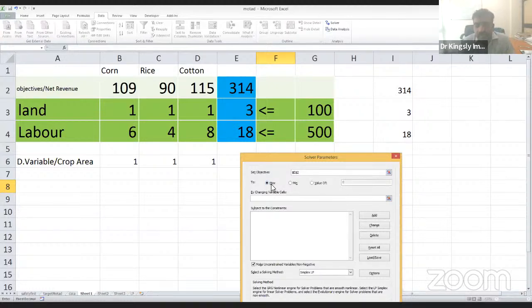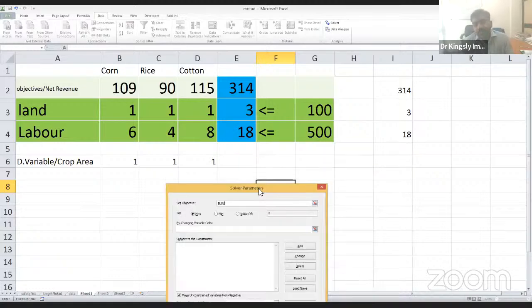Okay. Then we go to the third row, the changing variable cell. What is our changing variable cell? Our decision variable is the changing variable cell. If you put different values in the place of the 1 we have kept in the decision variable, your objective value will change. So there is no need for the solver. If it is a small calculation, you can allocate some figure randomly on the decision variable and the value will come.